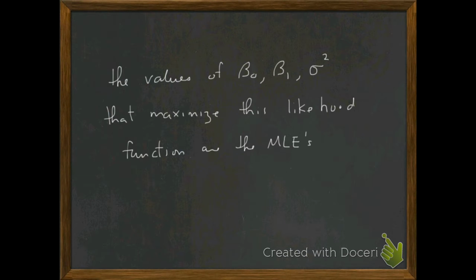Which would be denoted, for beta 0, as beta hat 0. Guys, sometimes we use B0. And beta hat 1, and sometimes we use B1. So these are just the estimates of the parameters.